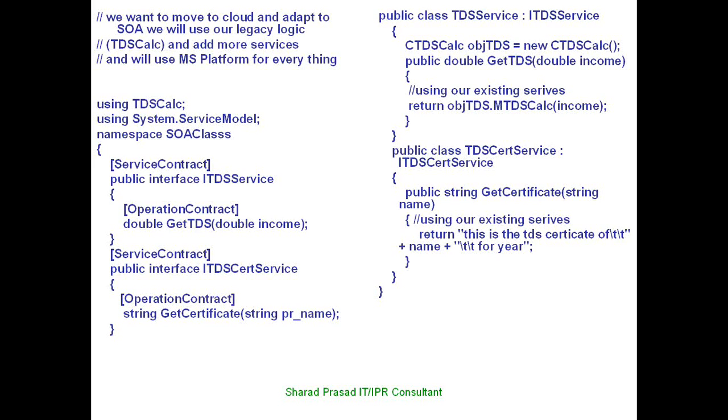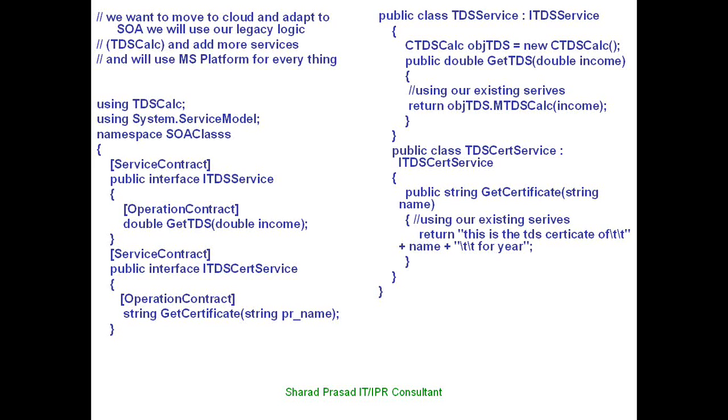We have another service, that is the TDS certificate generate service. So ITDS service is the interface for that service, and we have one method, get certificate, and that again will be exposed to the client. So the operation contract attribute is enabled.